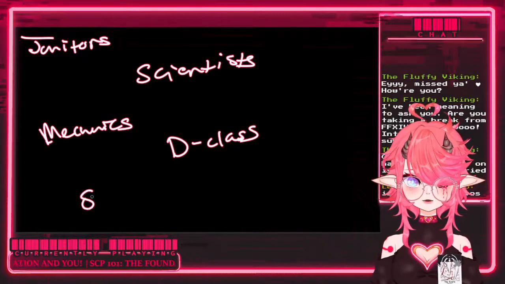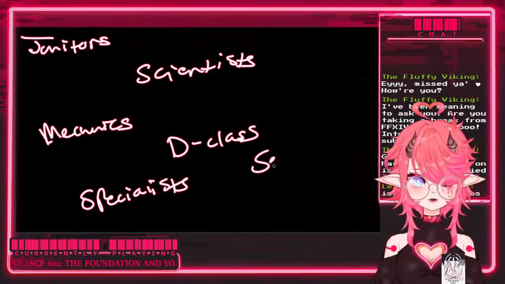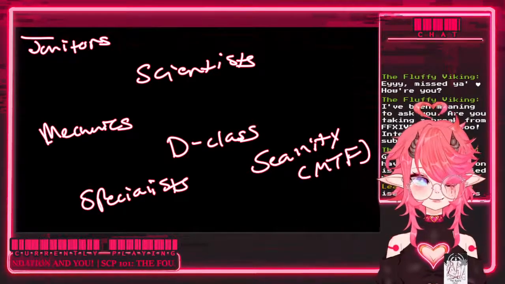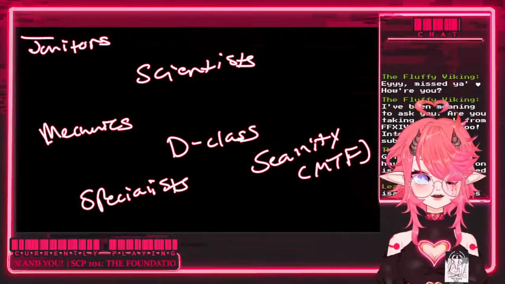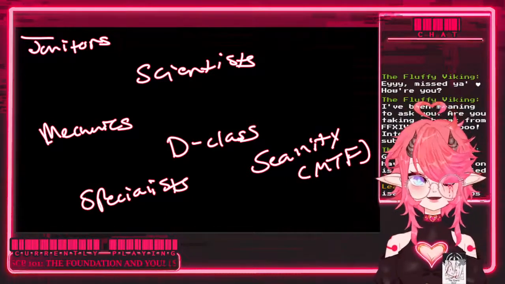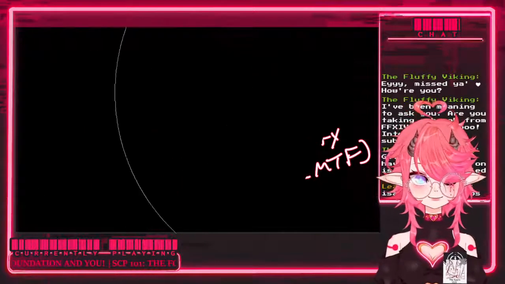There's also specialists. There's security, like MTF, etc., etc. All of these are important parts that make sites work. Each site will have a variety of these. It just depends on the site itself what they have.